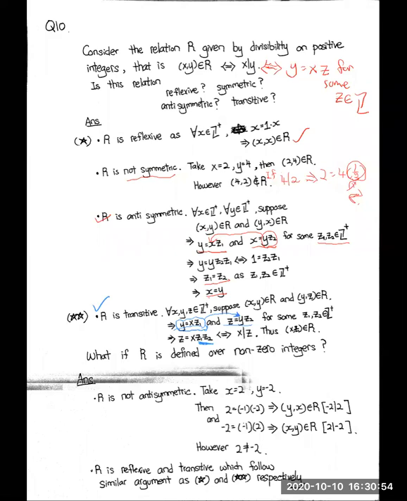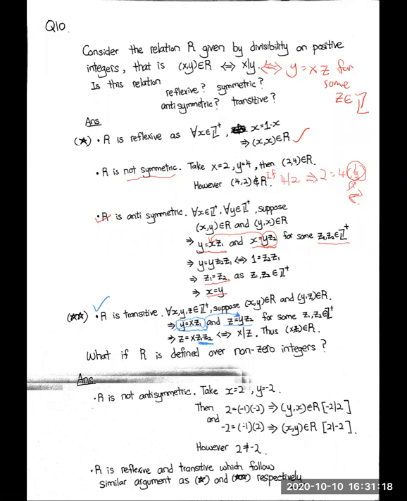Then the next question is asking, what if R is defined over non-zero integers? Means that negative integers can be included as well. Then in this case here, we will know that R is not anti-symmetric. Why? Because we just need to give a counter example: x is equal to 2 and y is equal to negative 2.